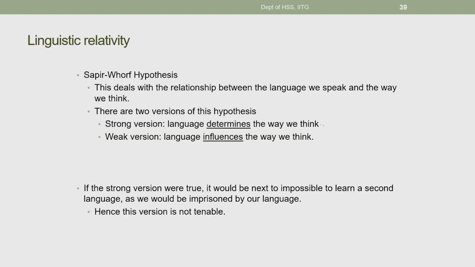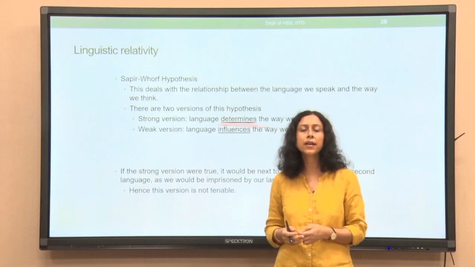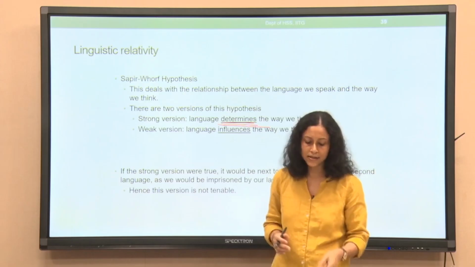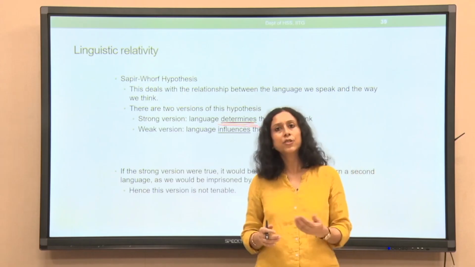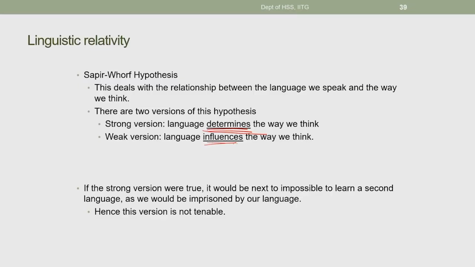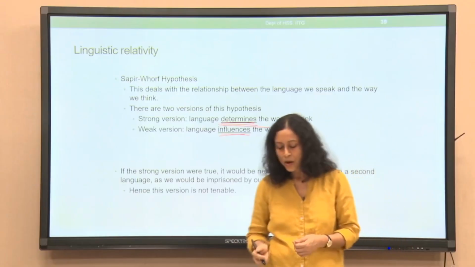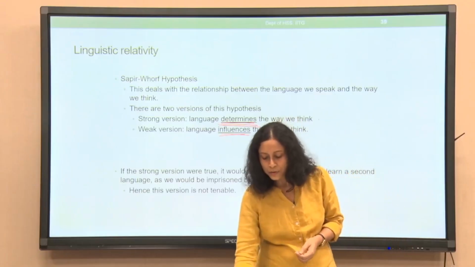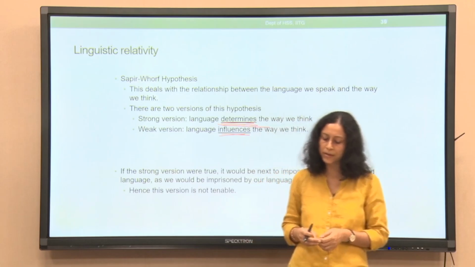This is a very strong claim that the language we speak decides; it is the only glass through which we look at the world. However, there is a weaker version of the theory as well, which says that language may not really decide the way we look at the world, but it certainly has an influence on the way we think. So, these are the two versions of the Sapir-Whorf hypothesis.